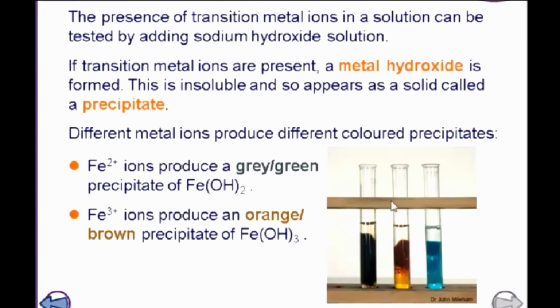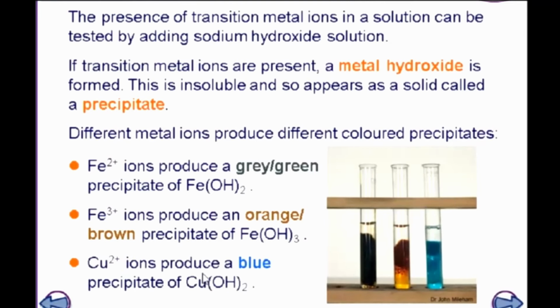So I hope you understand how we test the transition metal by adding sodium hydroxide. Once we add the hydroxide solution, it will give specific colors of precipitate. Copper ions will produce a blue precipitate.